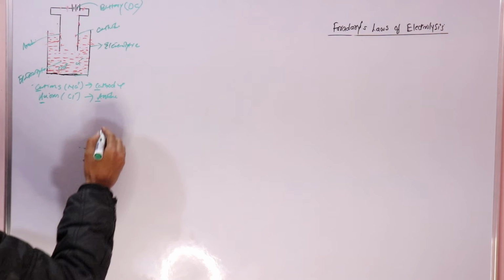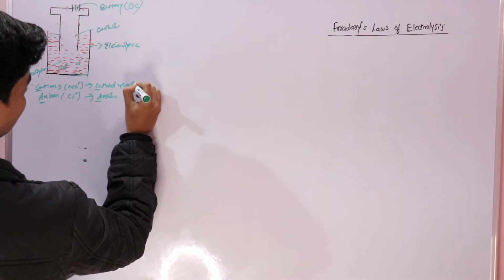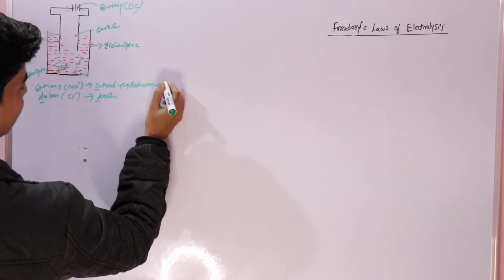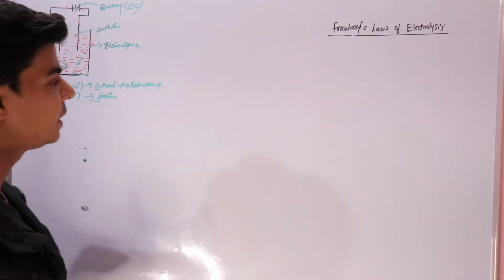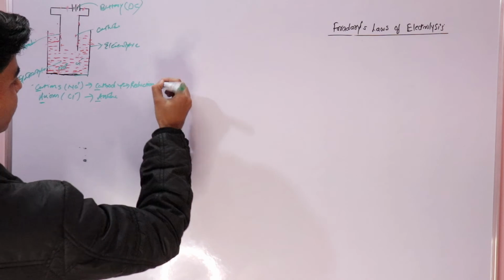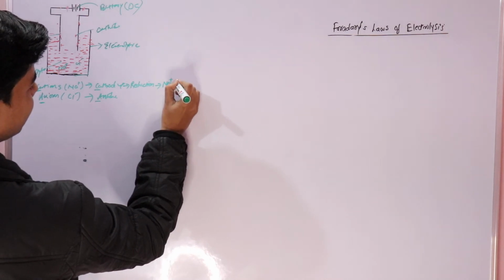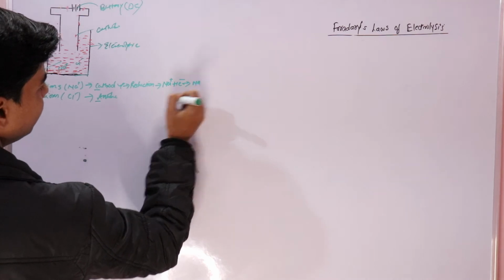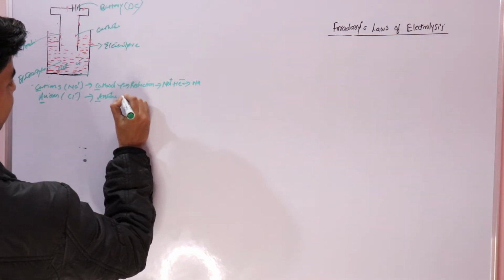When cations move to the cathode, they undergo reduction, that is, they gain electrons and form neutral metal atoms which get deposited at the cathode. Here, sodium ion will gain one electron when it migrates to the cathode and form a sodium atom.